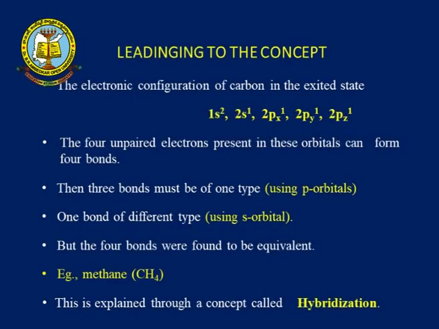Therefore, a concept known as hybridization was introduced. What is this hybridization? We will see now. Hybridization is nothing but orbitals of different levels having similar energies combining or mixing, forming new orbitals of identical energy and in the same number.